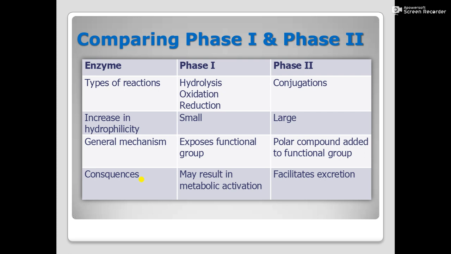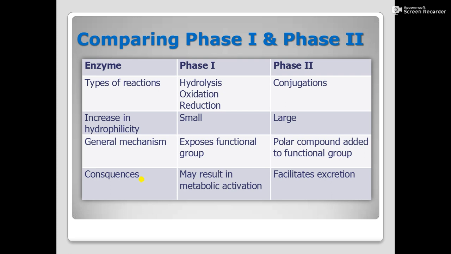While in phase 1 reaction, there is increased hydrophilicity to a very small extent, while in phase 2 reaction the hydrophilicity increases to a very large extent, especially in conjugation.